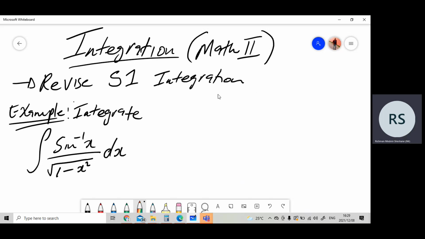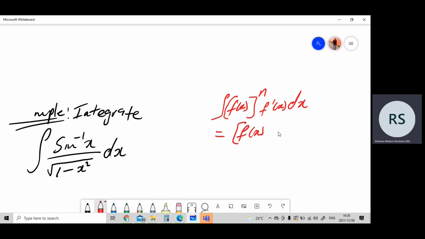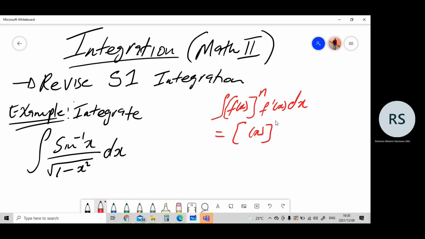When you integrate f of x to the power of n, times f prime dx, the integral of this form will be f of x to the power of n plus 1 over n plus 1.